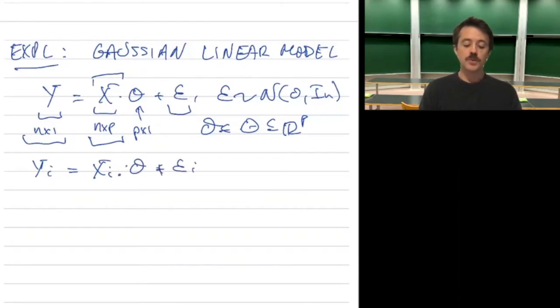We see, of course, that because the X's are not random and theta isn't random either, and because the epsilons are independent, we get independence, but we don't really get identical distributions. So not identically distributed.